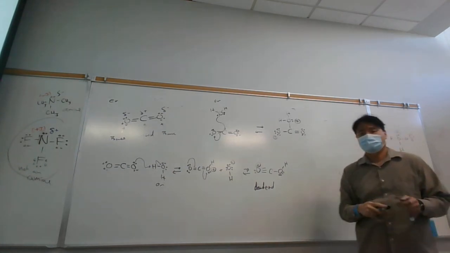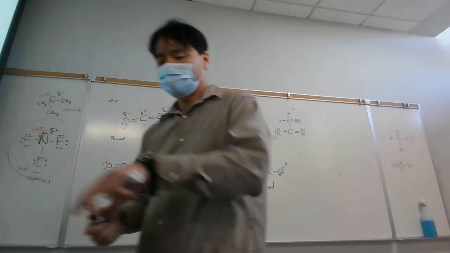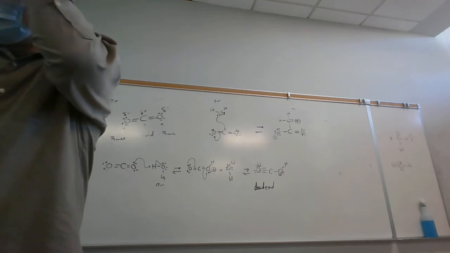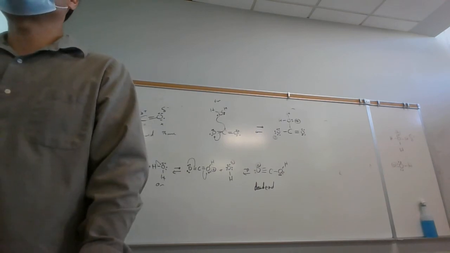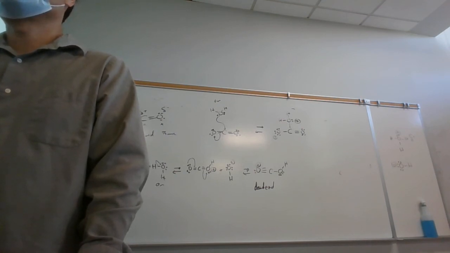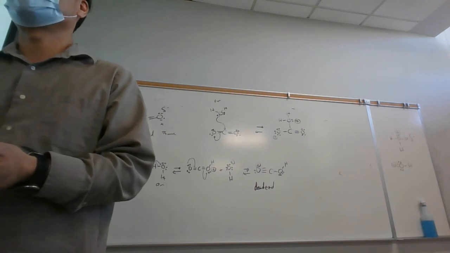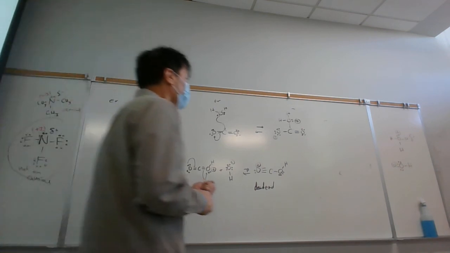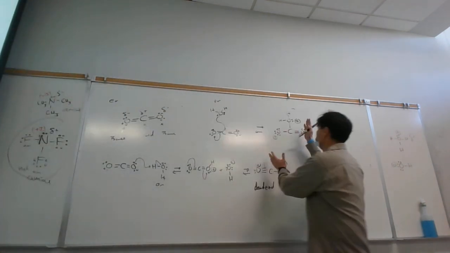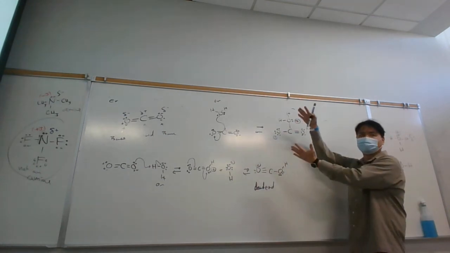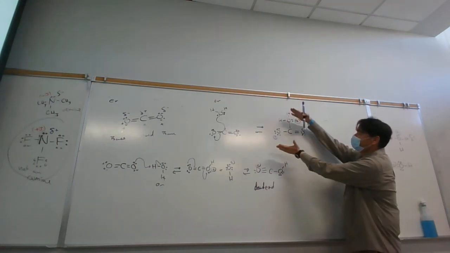Now, you know, what types of motion are there? What types of motion do we have in chemistry? We have vibrational motion, rotational motion, and translational motion. So what's happening here is these are vibrating. And what if this vibrates like this?